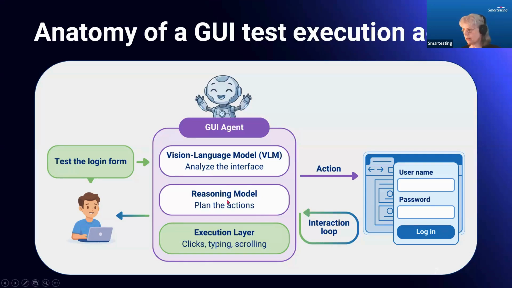I have a reasoning model that can plan the actions, and I have my execution layer, which is the link to all these necessary actions I have to perform on a website. Linker at the moment is only websites, but in the future it will also cover fat client executables, desktop applications, and probably also mobile. Theoretically, that's possible.